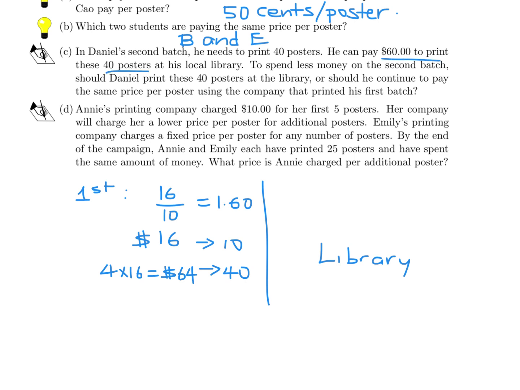So $60, I don't have to calculate anything to print those 40 posters. So what are they saying? To spend less money. Okay, got it. Well, just looking at this, it's $64 at that company, and then it's $60 at the library. To spend less money, he should go to the library.